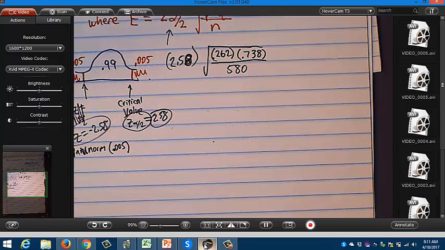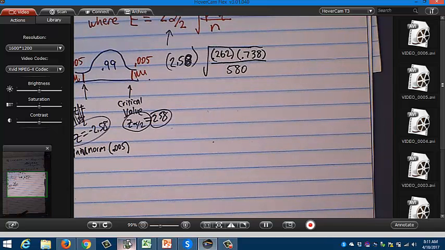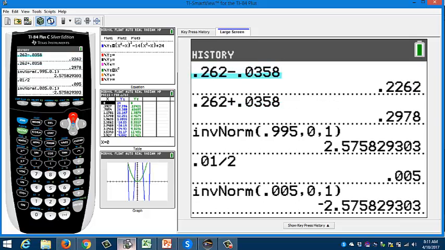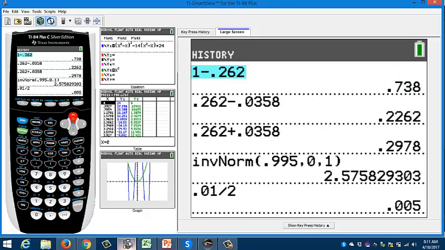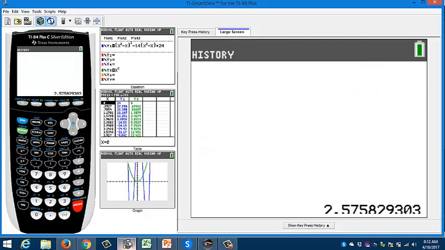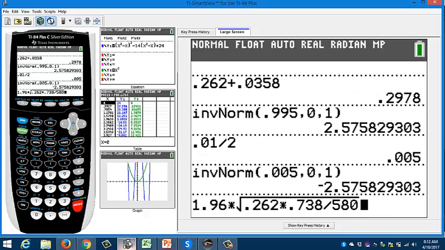Actually, I'm sure I still have it in the calculator. Let's go back to it. If I just start scrolling up, I can find where I typed it in last time. There. This is basically the same calculation.